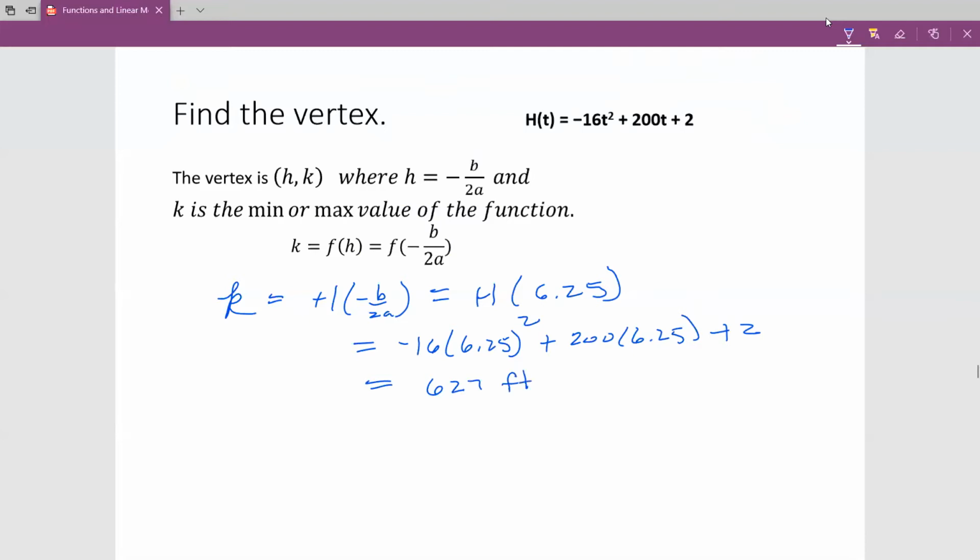So this rocket reaches a maximum height of 627 feet, and the vertex is 6.25 and 627, the coordinates of the vertex.